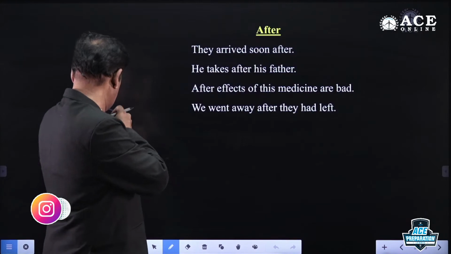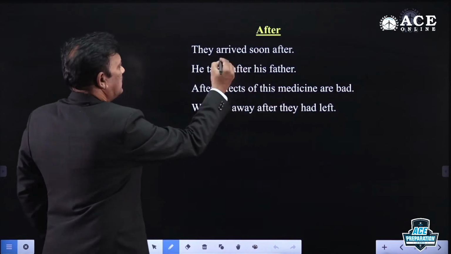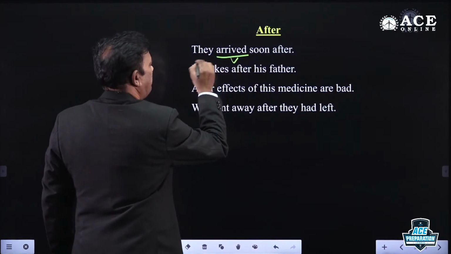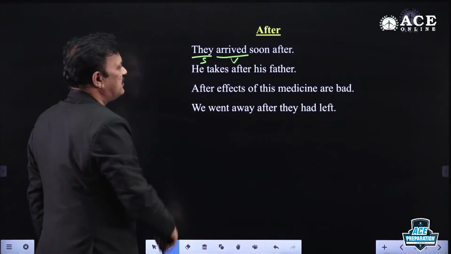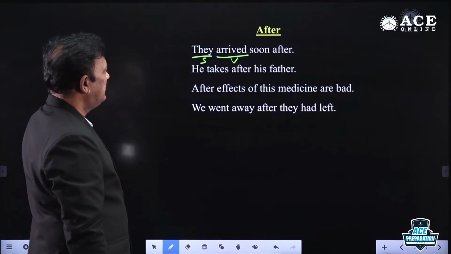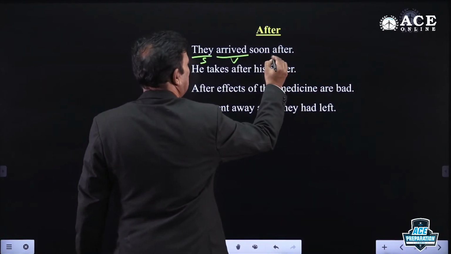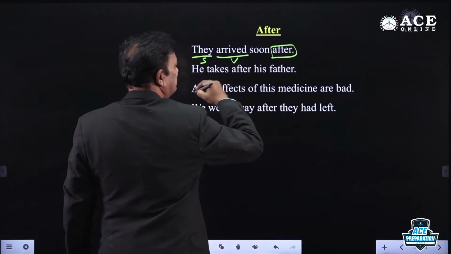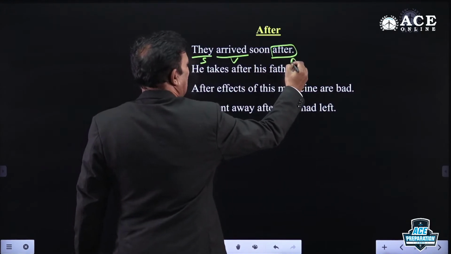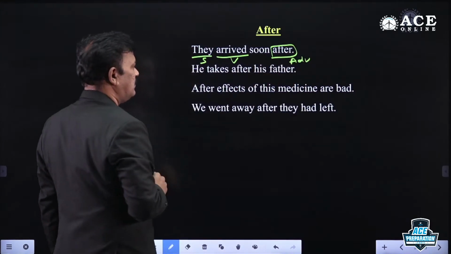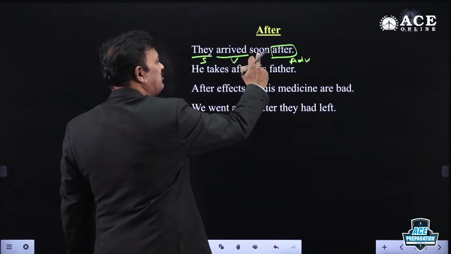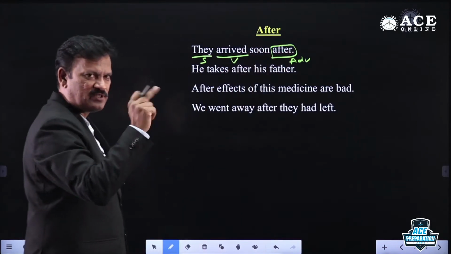Verb, subject. They arrived soon after. Two adverbs are here. Adverb. This is also an adverb which is giving extra information for after.